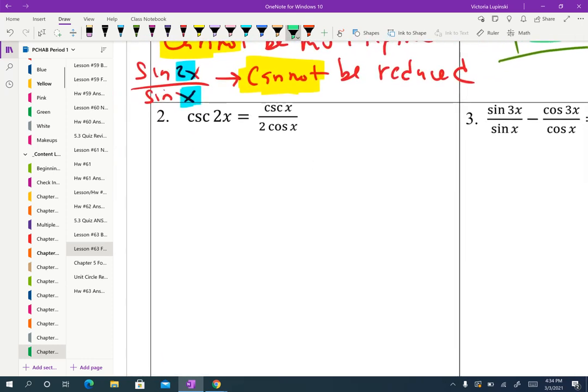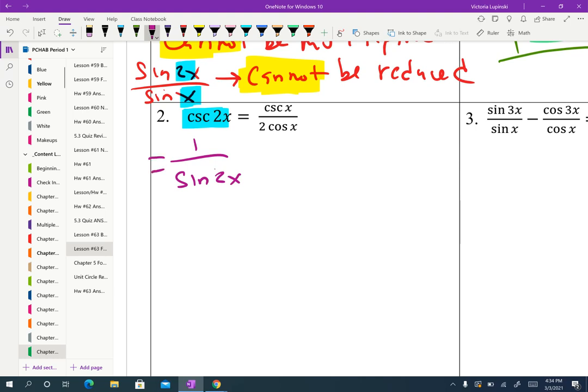The cosecant of 2x equals that right-hand side. Remember, you're still trying to determine whether you want to start on the left side or the right side. In this case, it really wouldn't matter either way, but I'm going to go ahead and start on the left side. There is no formula for the cosecant of 2x, but I want you to realize that the cosecant of 2x is equal to 1 over the sine of 2x.